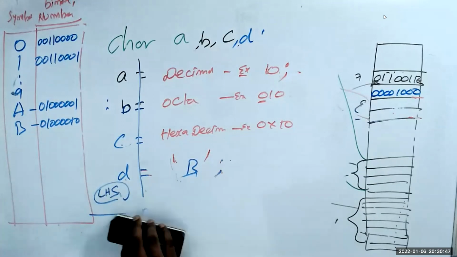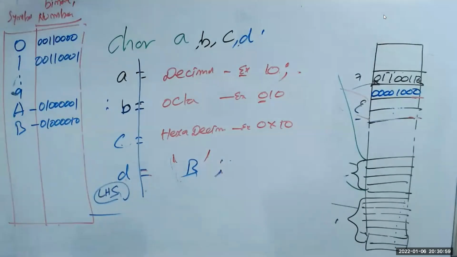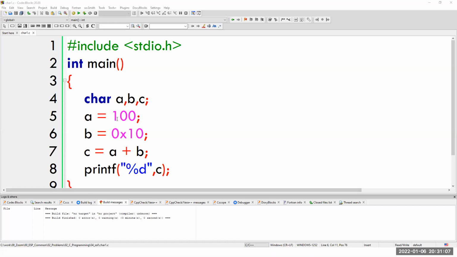I will tell you one small program here. Then we will be able to have a good idea. You will get a small confusion now. That idea will be clear now. See here, let us assume the value of 10.